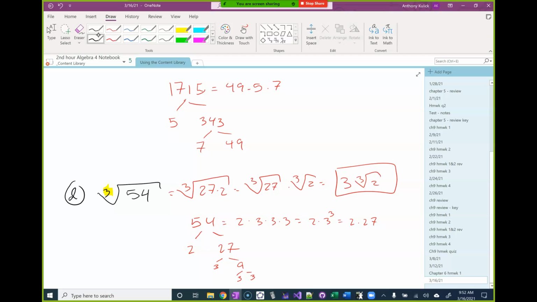Is that okay? And I noticed that because I had 3 3s multiplied together, right? So that's 3 cubed. That's a perfect cube. That's what I'm looking for. So the prime factorization should make it easy to find the perfect cubes if you don't know them, because you're just looking for 3 of some number. Or multiple numbers, right? Any packages of 3 that you can find will do.